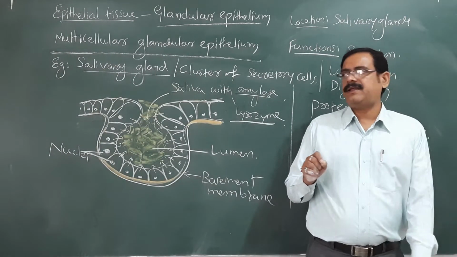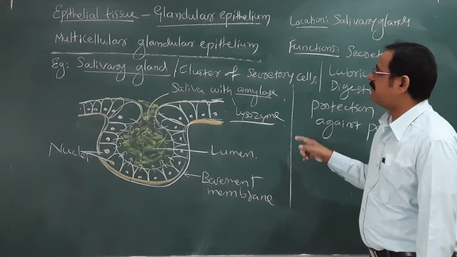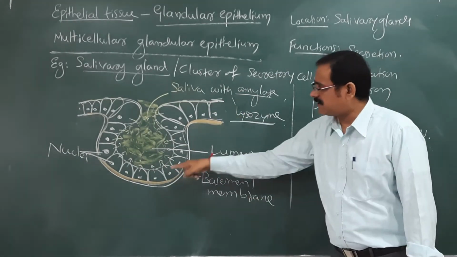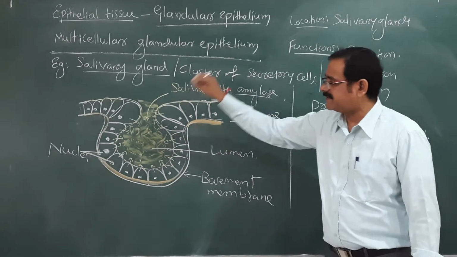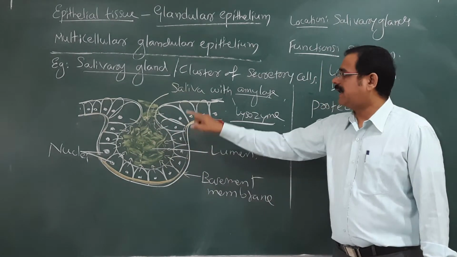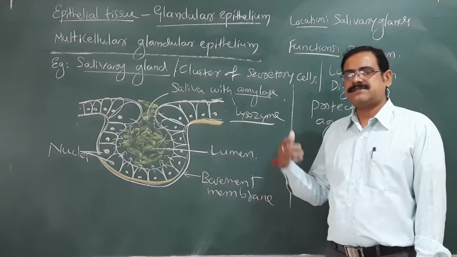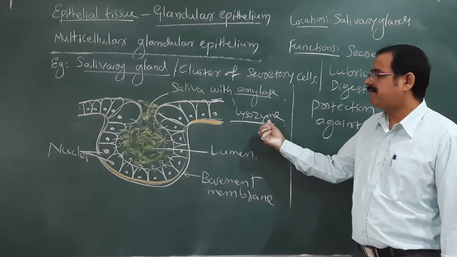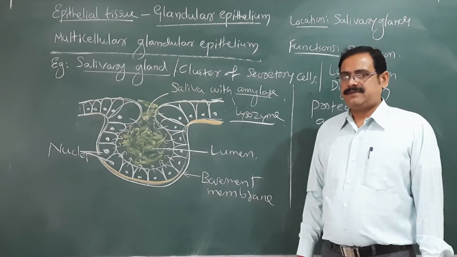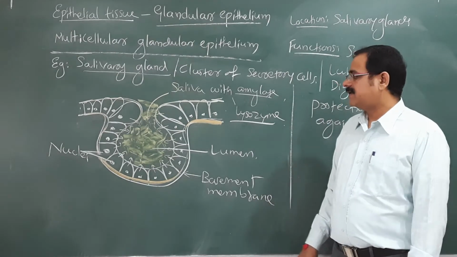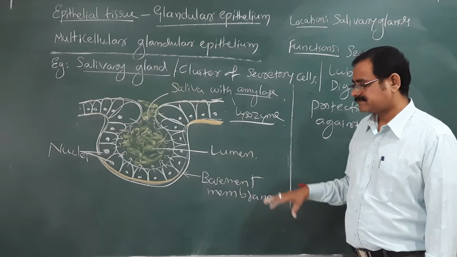The best example is basically the salivary gland, as the structure indicates: common basement membrane, cluster of the cells. All the cells secrete the secretion in the lumen, and what is that secretion? It is the saliva. Saliva with the amylase helps in digestion of carbohydrate. Saliva with the lysozyme inactivates the bacteria by breaking the bacterial cell wall, so they provide protection.